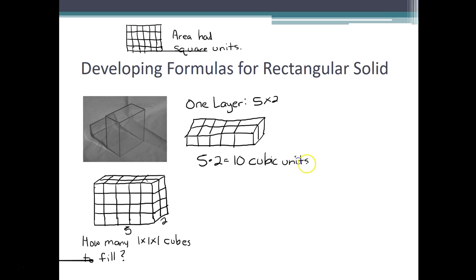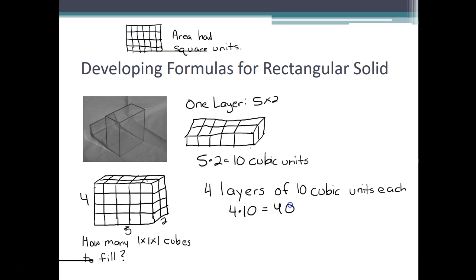So that one layer has 10 cubic units. And you got that by multiplying length times width, 5 times 2. And then you've got, what, 1, 2, 3, 4 layers of this? Because the dimension of the height is 4 layers of 10 cubic units each. So 4 times 10 equals 40 cubic units in the entire box.